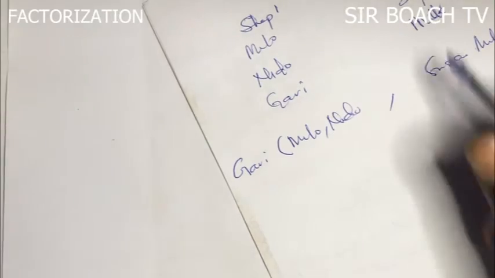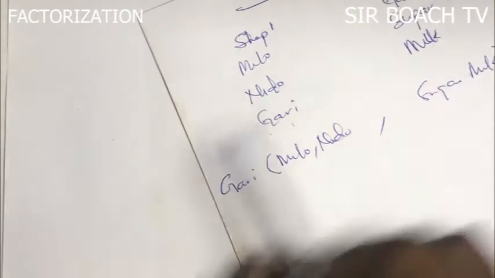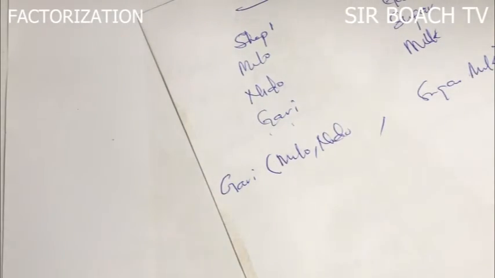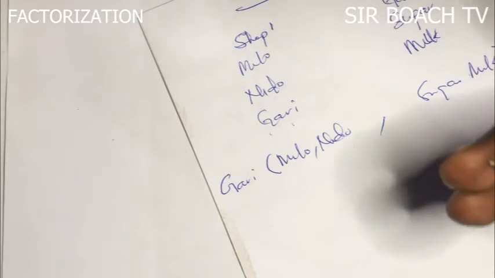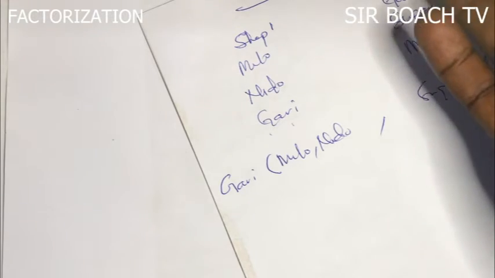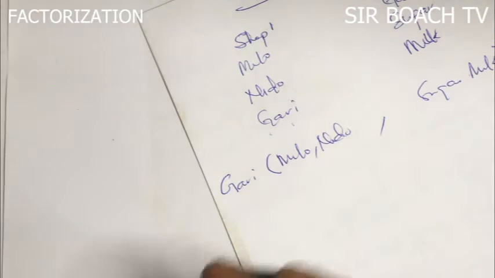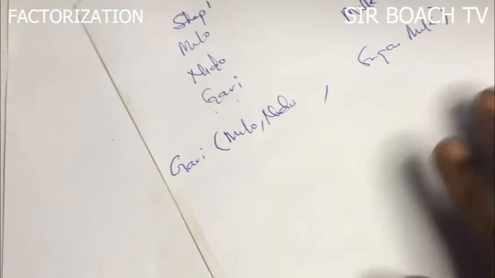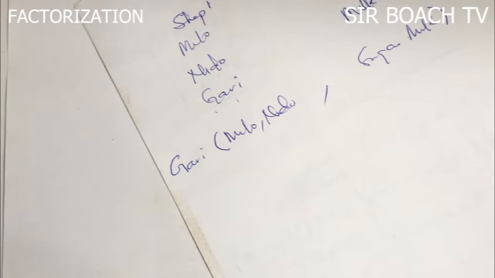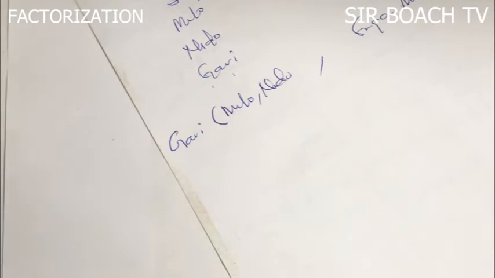Now the idea of bringing the common ones out is what we term factorization. That is the idea. The idea of bringing the common ones out is what we term as what? Factorization.